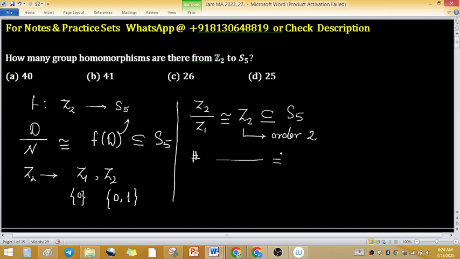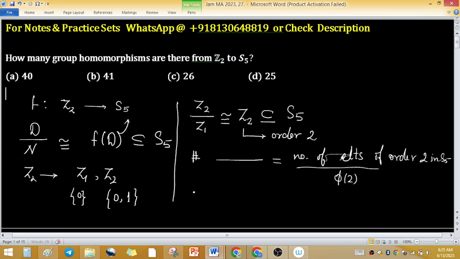This is the formula: the number of elements of order 2 in S5 upon the value of phi of 2. The value of phi of 2 is 1. So we only have to find the number of elements of order 2 in S5.